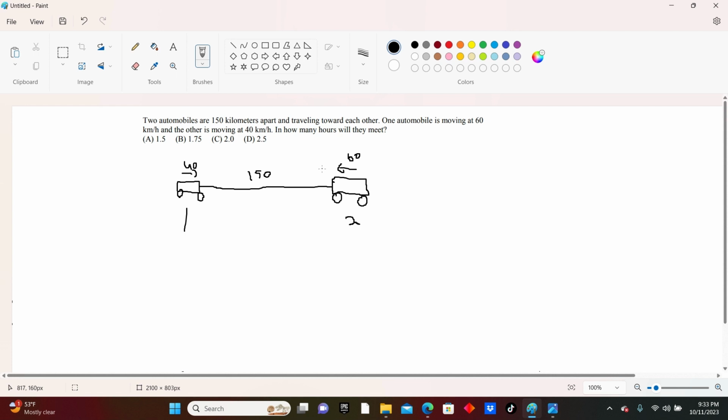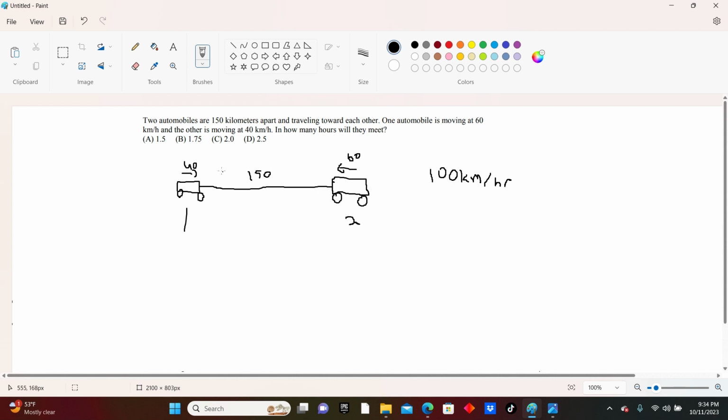If one goes in by 60 and one goes in by 40, they're getting closer together by a distance of 100 kilometers. So their rate is 100 kilometers per hour. That's the distance they close in on each other per each hour. So that's our velocity.